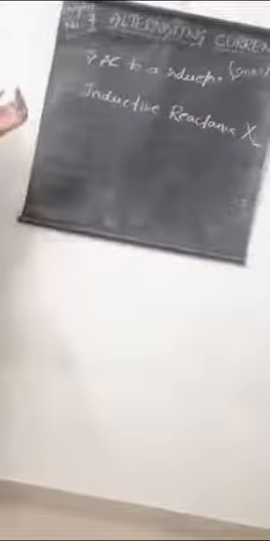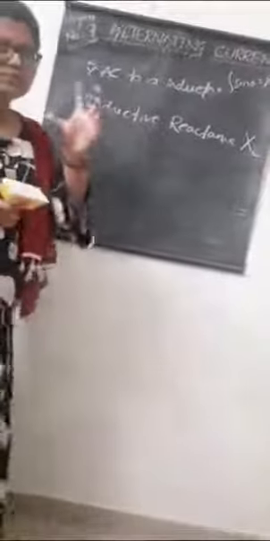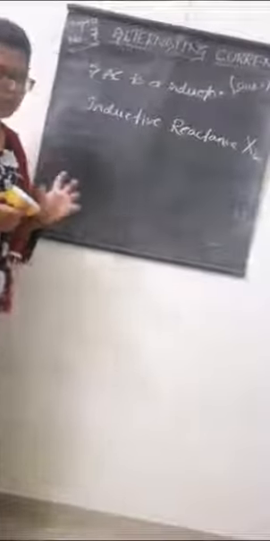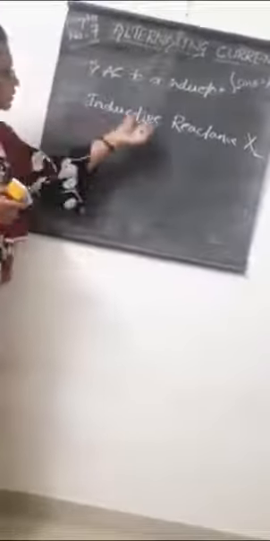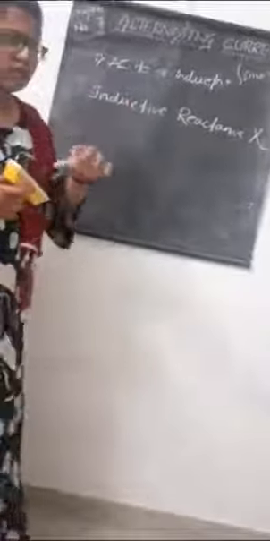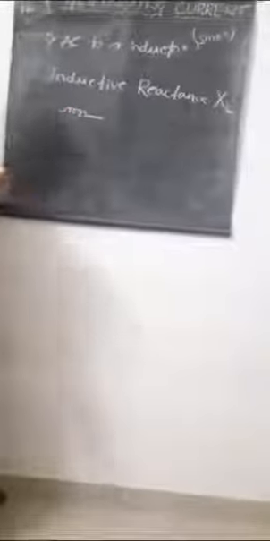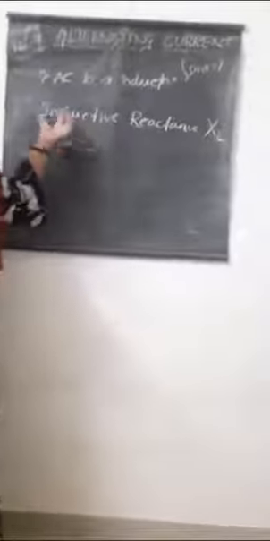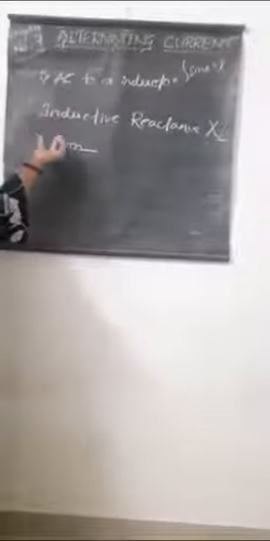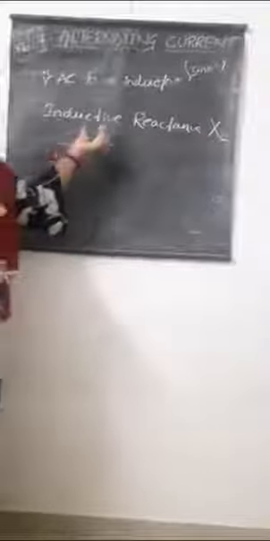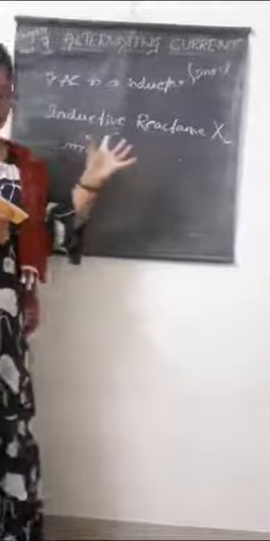As I told you, an inductor is nothing but it opposes the change in current in the circuit. So here inductive reactance is the effective opposition offered by an inductor in a current carrying circuit.